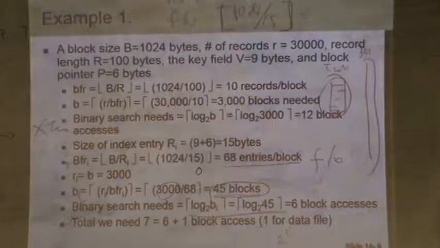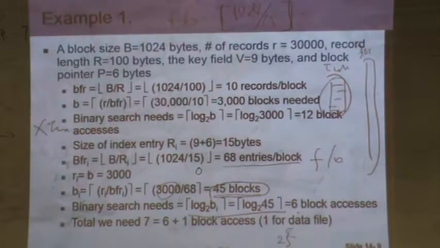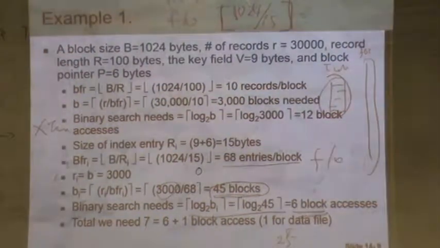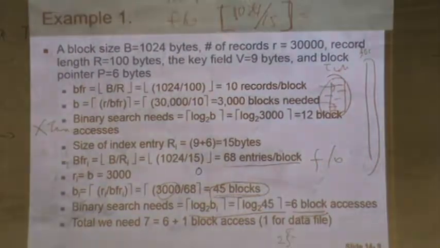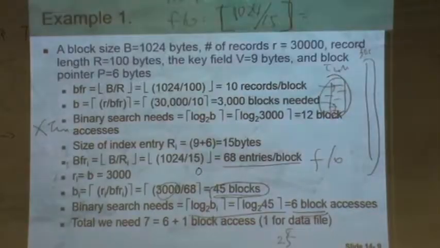So less than that, so 5 point something. Okay, so 6 block accesses for the index. Then plus 1, you need to access the data block. So the total average is 7 blocks you need.